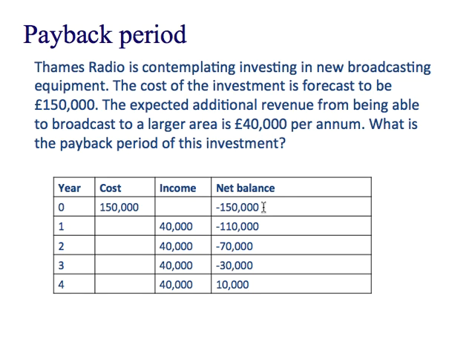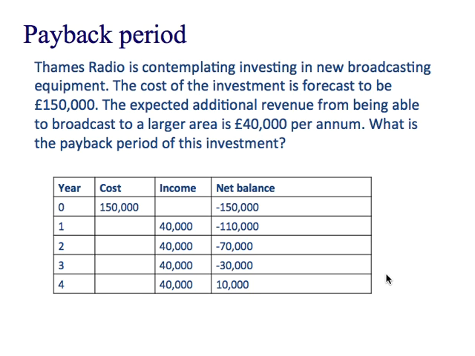So we've got minus 150, and if we add 40,000 to that, we've got minus 110 at the end of year 1, and at the end of year 2 it's minus 70, and at the end of year 3 it's minus 30, and at the end of year 4 we're into making money, I suppose, so it's $10,000. So we know that the business is going to pay back between year 3 and year 4.